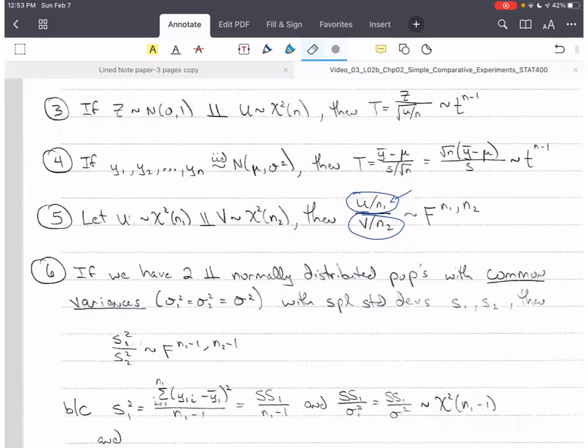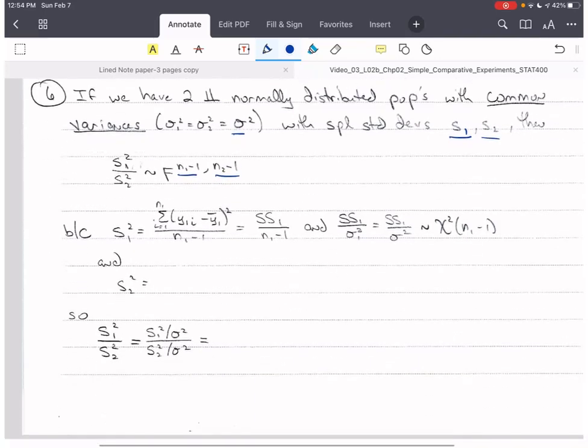Number 6, if we have two independent normally distributed populations with common variances, so sigma 1 squared equals sigma 2 squared, and we can simply call that sigma squared since they're equal, and they have sample standard deviations S1 and S2, then the ratio S1 squared over S2 squared has an F distribution with n1 minus 1 degrees of freedom in the numerator, n2 minus 1 degrees of freedom in the denominator.